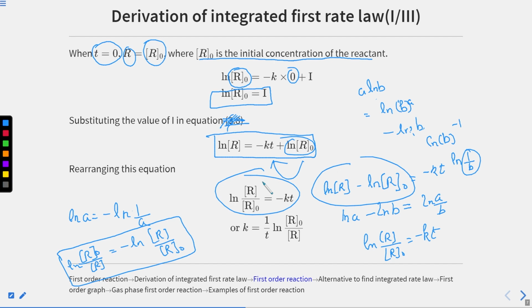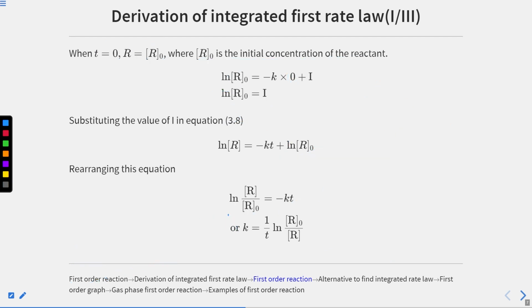We have brought this minus sign here, that would reverse the reciprocal. So k is equals to 1 by t. T also goes here, 1 by t ln R naught by R. So finally we got this equation.